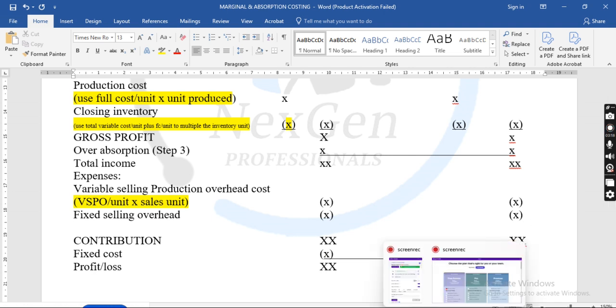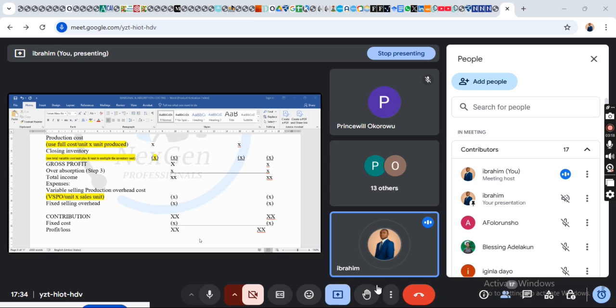Class, please don't bring in fixed production overhead again. Why? Because you have already used fixed production overhead to calculate your over and under absorption. Don't forget, in your OAR you use budgeted fixed production overhead.